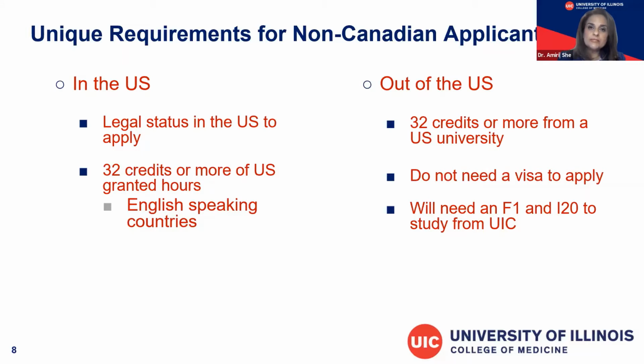If you have completed a degree outside of the US, and the degree wasn't completed in Canada, nor was it completed in, let's say, Australia or England or a country where the national language is English, okay? You will need to complete 32 credits here in the US, okay? Now, as you know, we do require a bachelor's degree for admission.